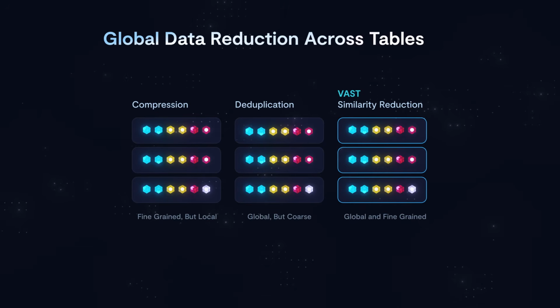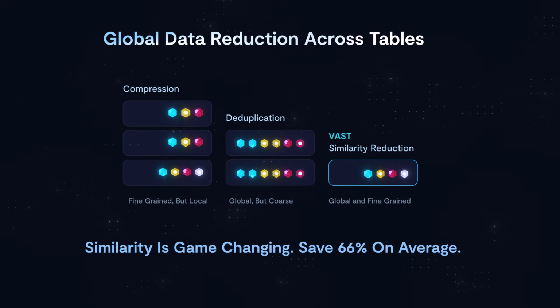The DASE architecture supports a new form of data reduction that we call Similarity. And Similarity is not compression, nor is it deduplication, but you could think of this as a modern form of global compression. As data rolls through the system, we're leveraging the write buffer to take a little bit of time to look at the data before it ultimately gets flowed down to low-cost flash.